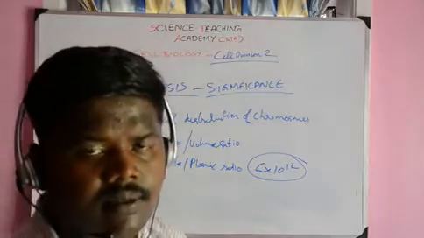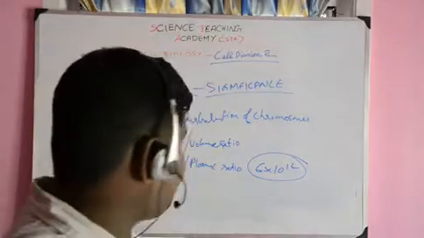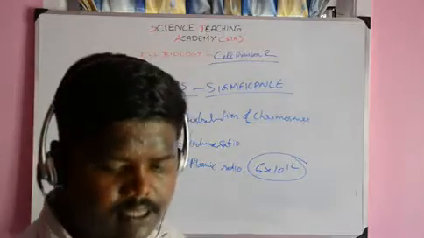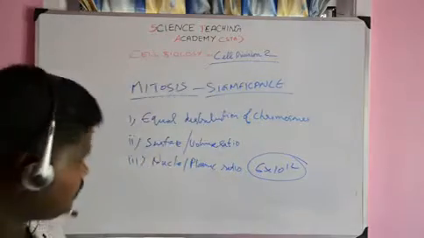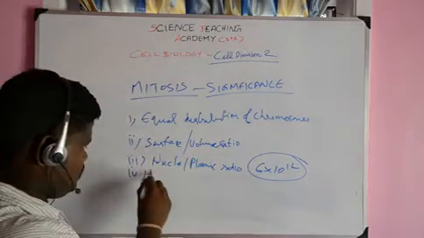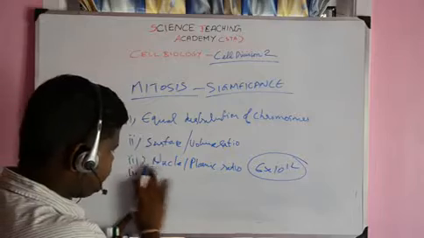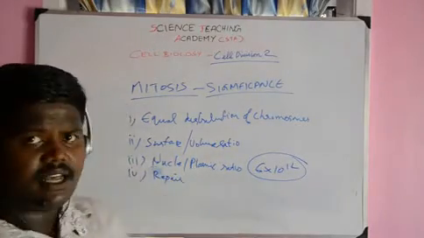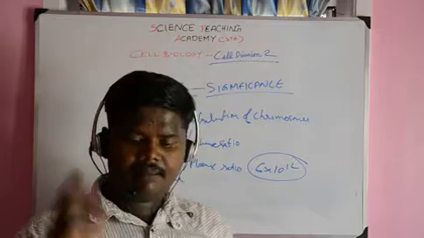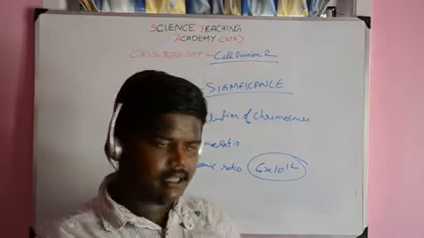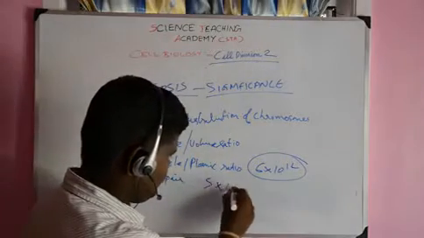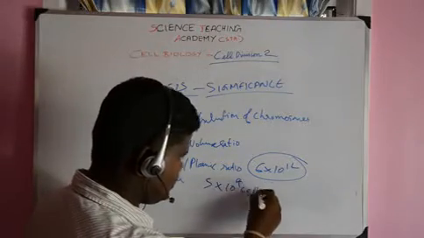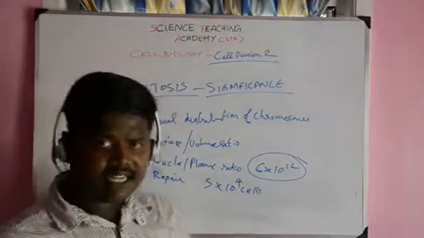Then the three things we are aware of, and the fourth significance of mitosis is repair. Here I want to stress one more interesting fact about our body. Nearly 5 million cells are replaced per day. About 5 x 10 to the power 9 cells are getting repaired and replaced.